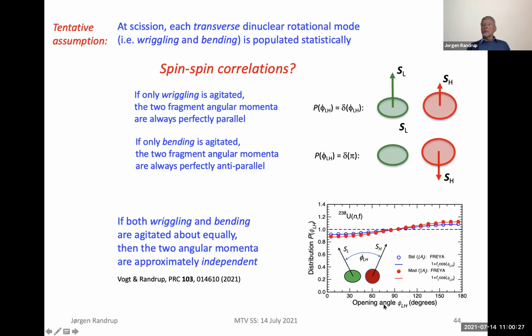And you can see this quantitatively here, the opening angle between the two spins after you populate bending and wriggling statistically is practically constant. It's not a delta function here or here, but it's practically totally independent. So totally independent directions.